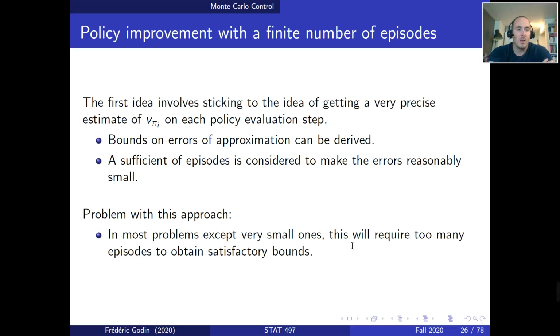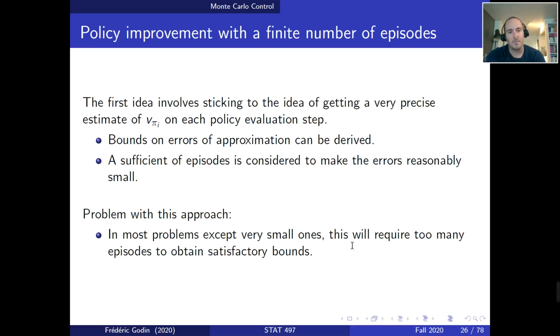And for those who did Monte Carlo simulation classes, if you have many episodes generated, not only can you approximate the value function, but you can derive confidence bounds on it to see if your estimate is likely to be precise or not.